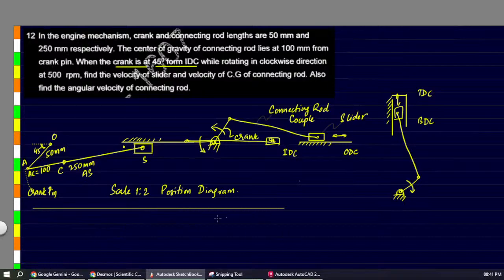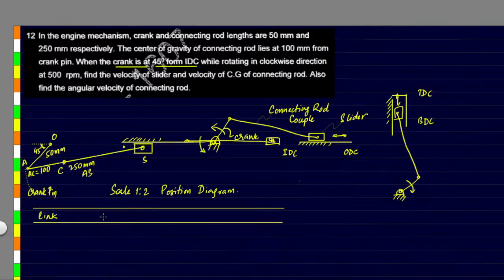For every time we take a scale, we'll have to draw a table. First let us write the name of the link, then the actual length, and then the drawing length.